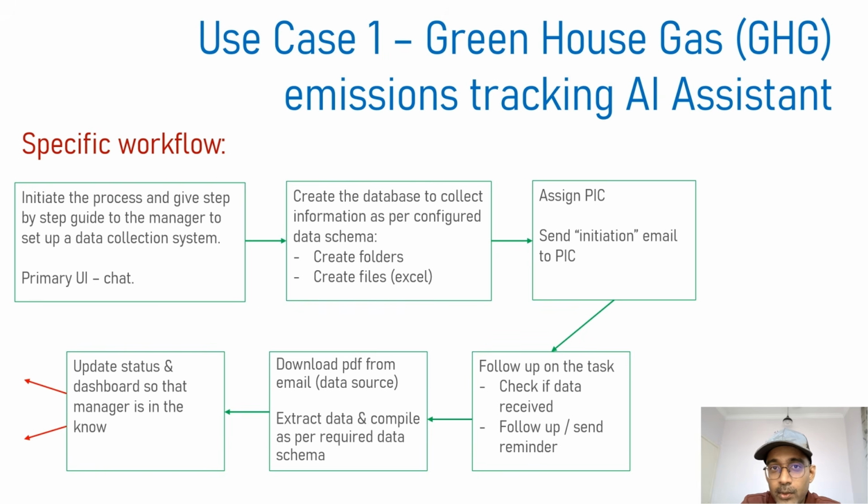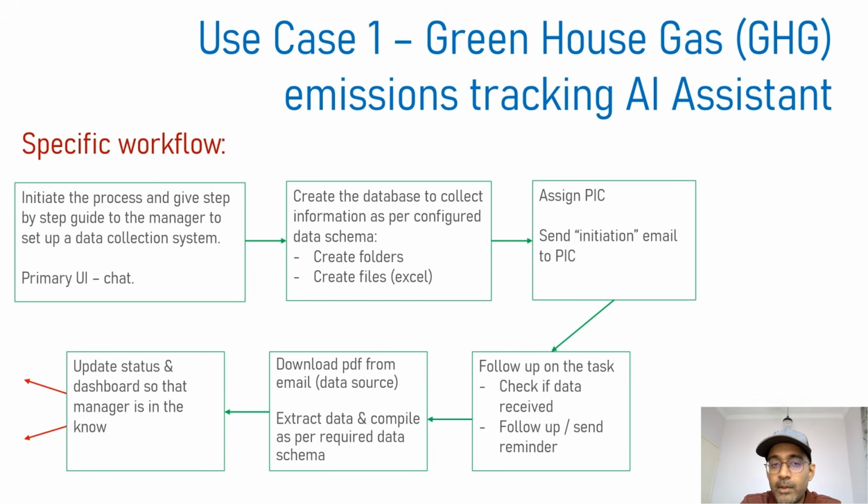Assuming the manager or some decision maker in that company is going to start using this, they will start by chatting with the AI agent. This agent will be able to facilitate the process by telling them what they should do, how they should start, and all that. The primary user interface or primary interaction mode for this AI is going to be a chat interface.